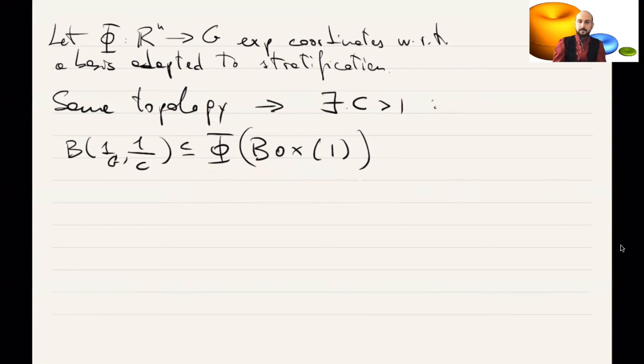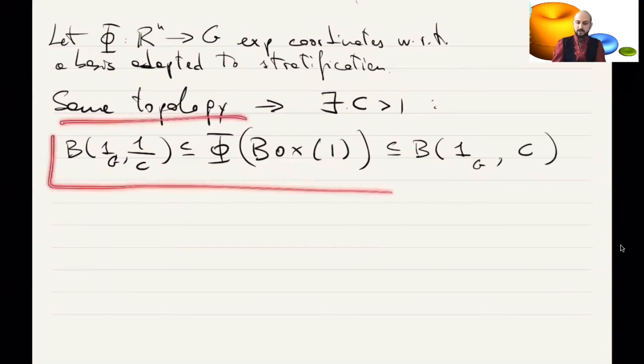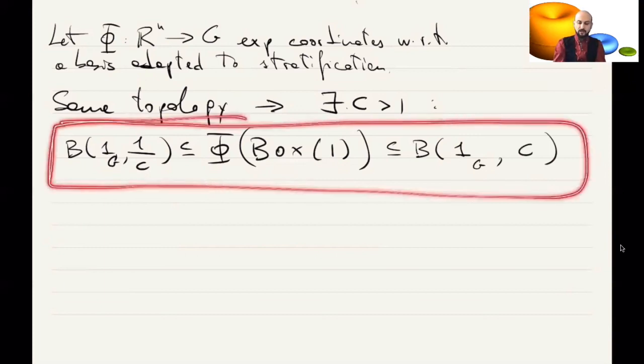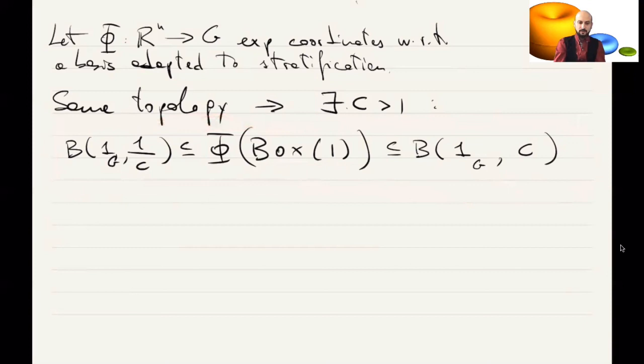On the other hand, this will be a bounded set, and therefore this is contained in the ball of center 1 and radius some big constant c. Okay, so the same topology will give us this containment for these neighborhoods of the origin, the identity element.